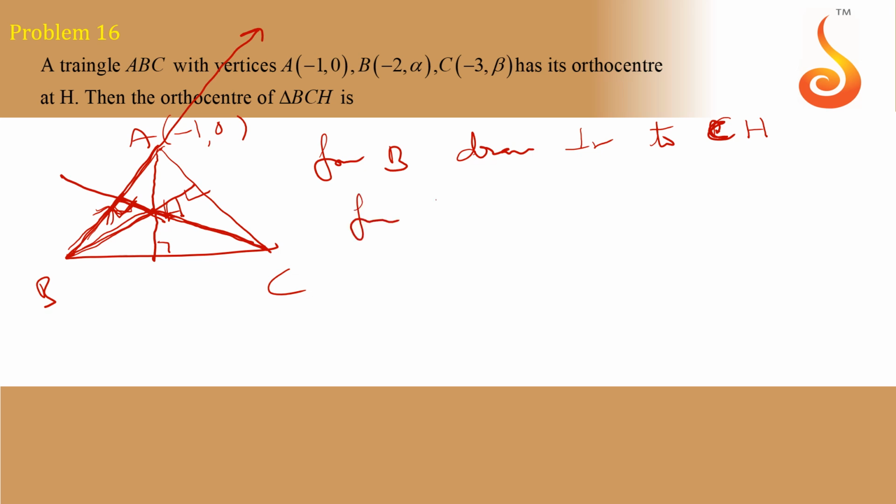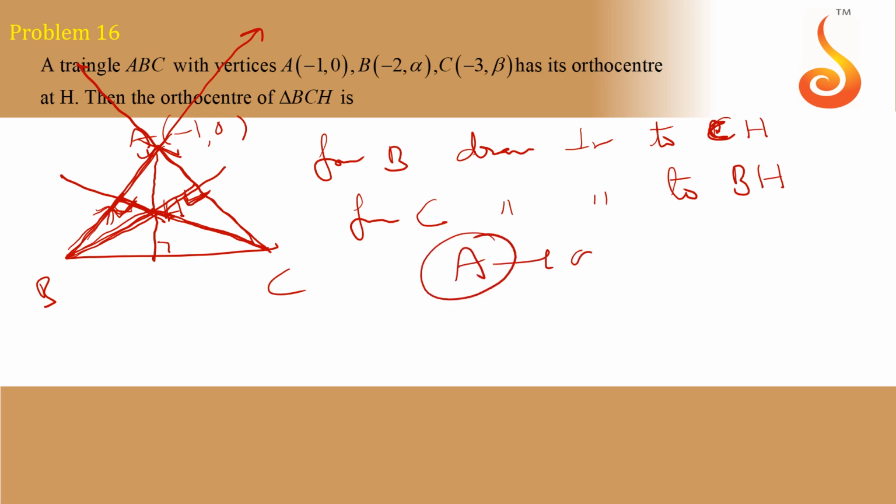Now from C, draw a perpendicular to BH. You have to extend BH and draw the perpendicular because already it is 90 degrees. So it will be along like this. Where are they intersecting? At A. So A will be the orthocenter. That's it. Two altitudes' point of intersection is enough. So this (-1, 0) will be the orthocenter of triangle BCH.